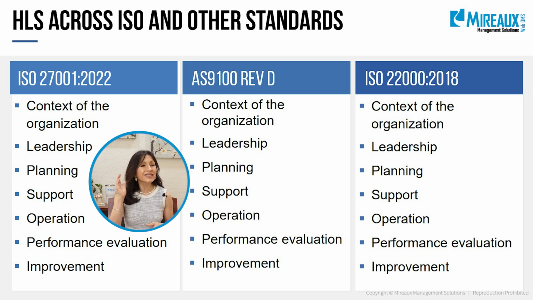You can clearly see those consistent main clause headings: context, leadership, planning, and so on, running from clause 4 through clause 10. It brings a nice predictable pattern to the world of standards.